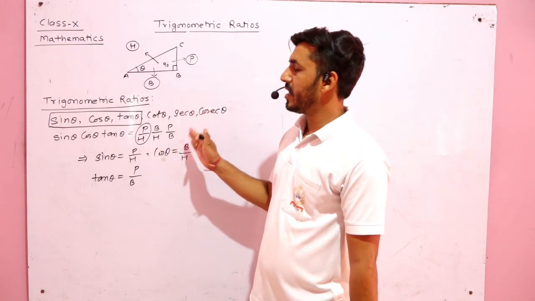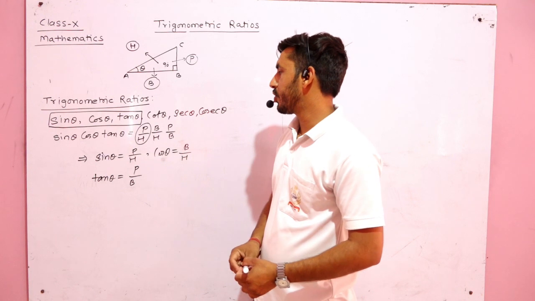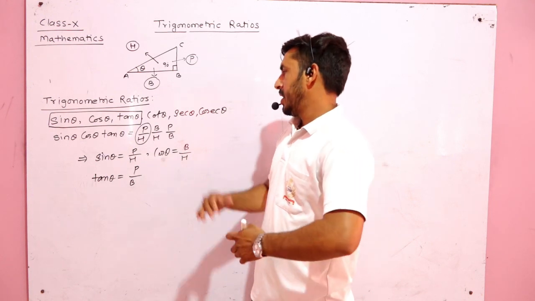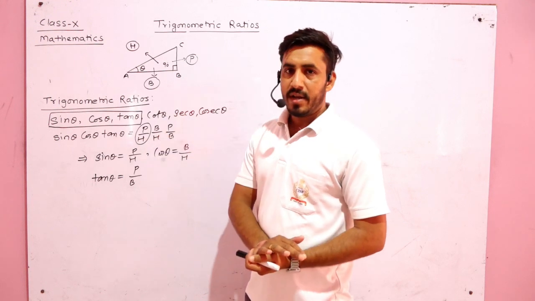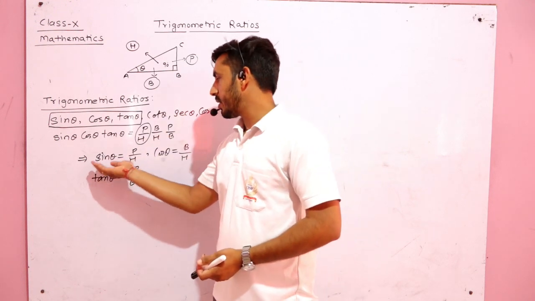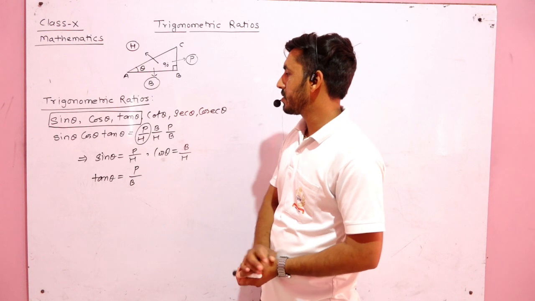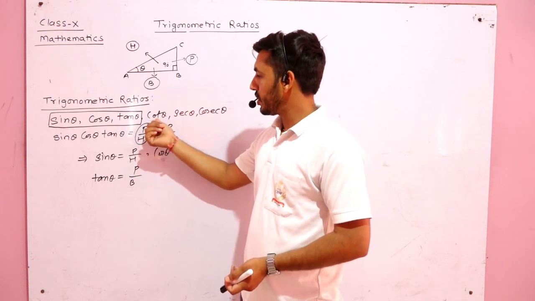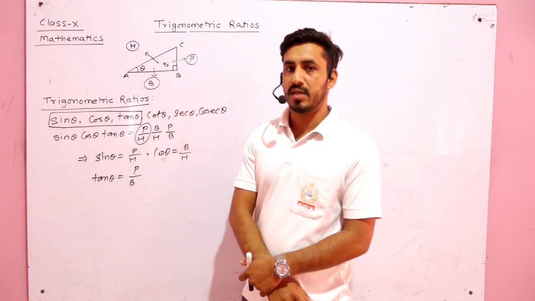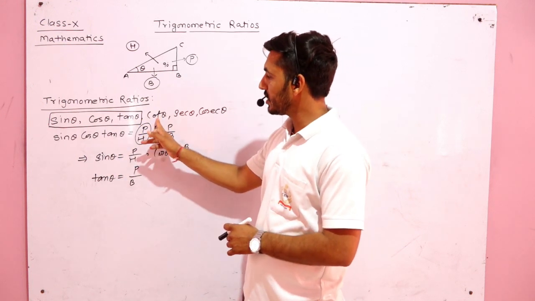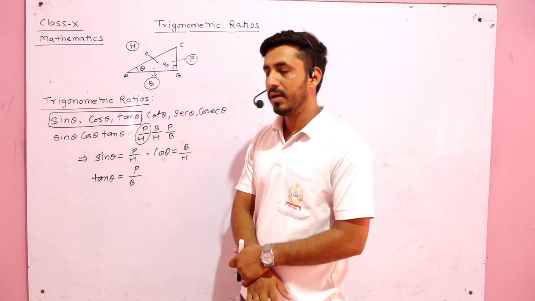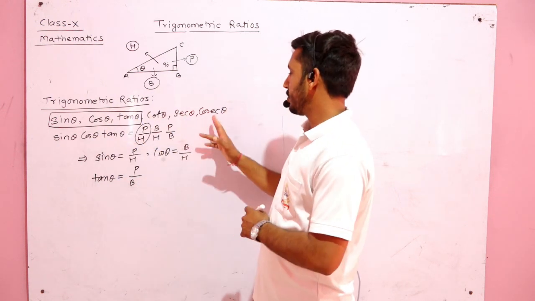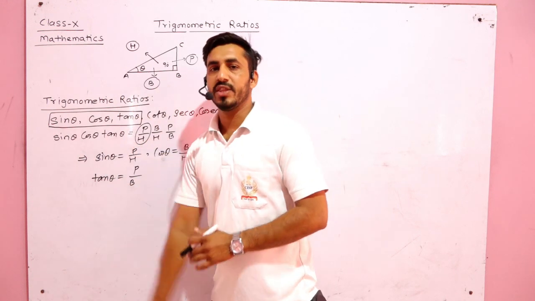And the other remaining three, means cot theta, sec theta and cosec theta, can be obtained by taking opposites respectively. Cot theta will be the opposite of tan theta, sec theta the opposite of cos theta, and cosec theta the opposite of sin theta.